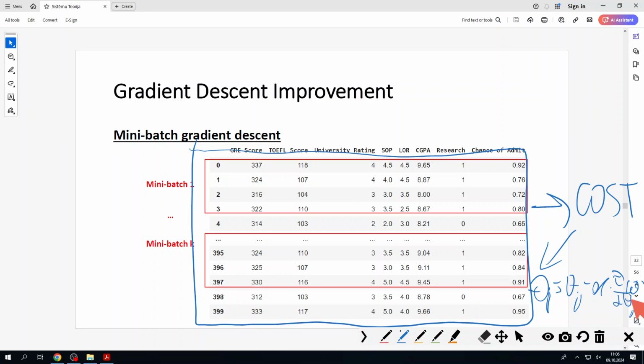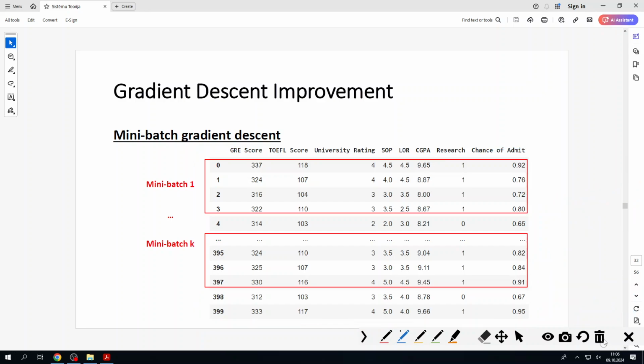We do so only after we have scanned the full data set from the beginning to the end. Now there is an alternative, which, depending on your data set and your particular choice, may make it faster to train, requiring fewer iterations.